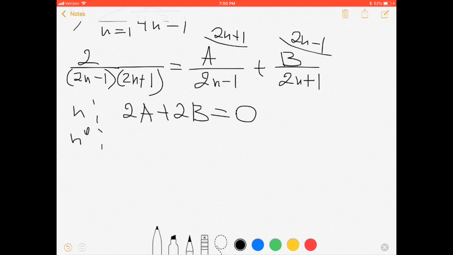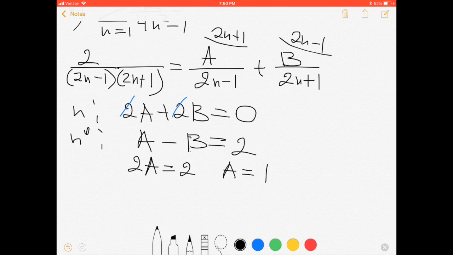Constant, we have a minus b and equal 2. Now solving this system, first we cancel 2 here, and then we add two equations. We have 2a equal 2. This means a equal 1 and b equal negative 1.